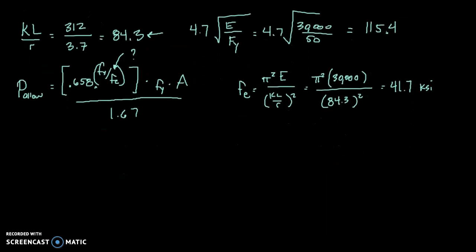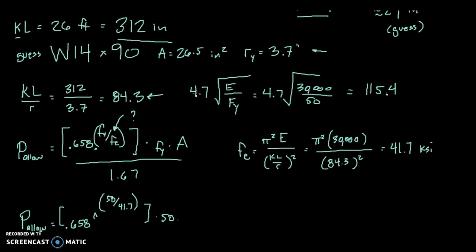So now I've got all the variables I need to plug into this allowable load equation of 0.658 raised to the power of 50 ksi divided by 41.7 ksi. And then after we calculate that, we'll multiply it by the yield stress of 50 and by the area, which was 26.5.